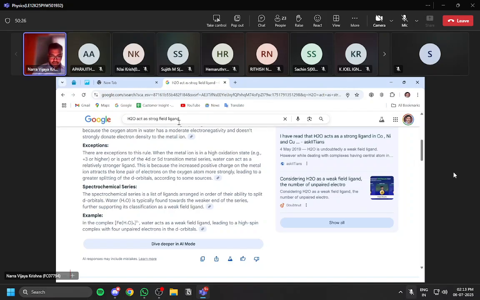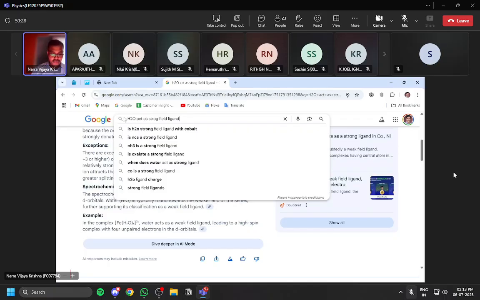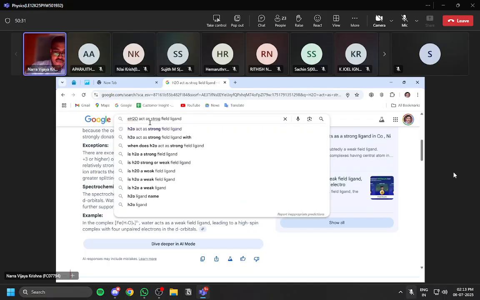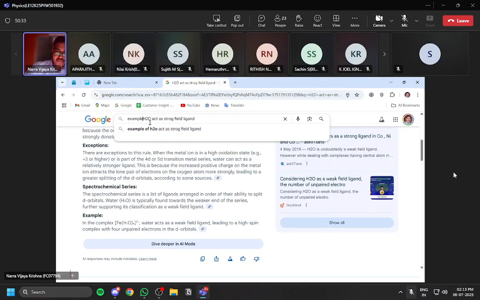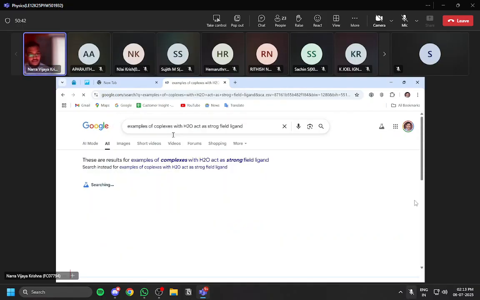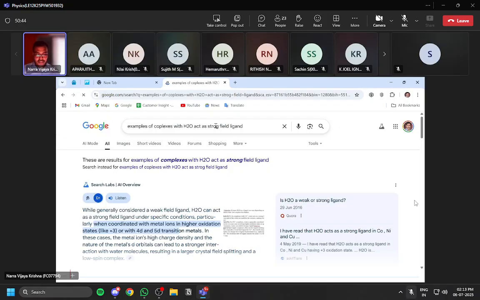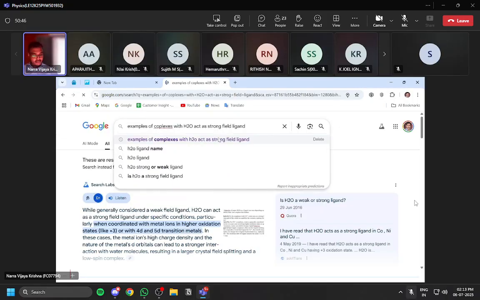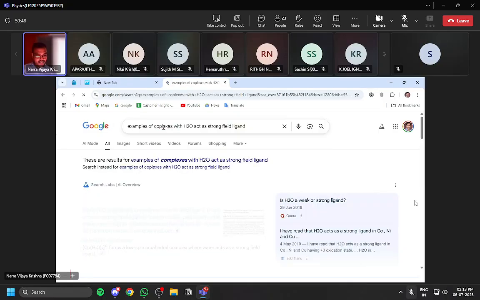So I will write examples of complexes with H2O acting as a strong field ligand.